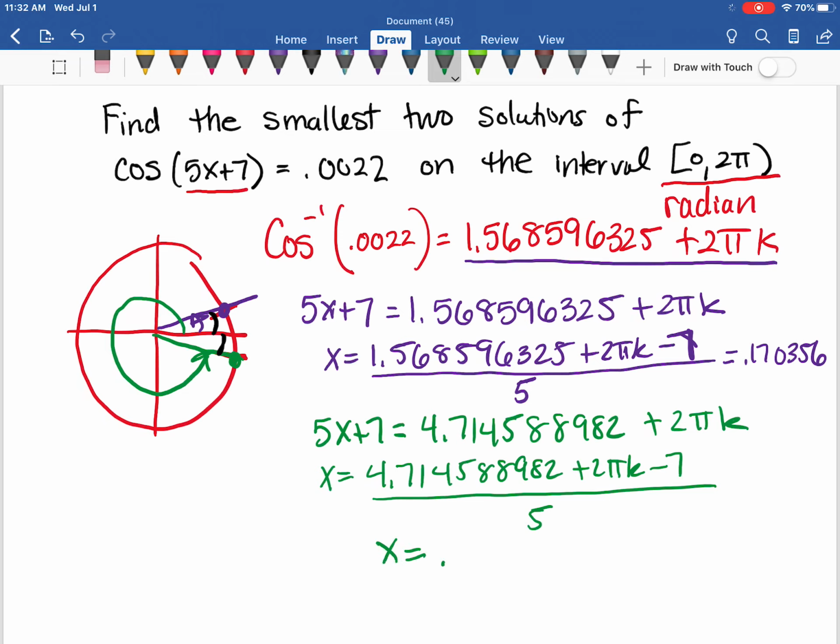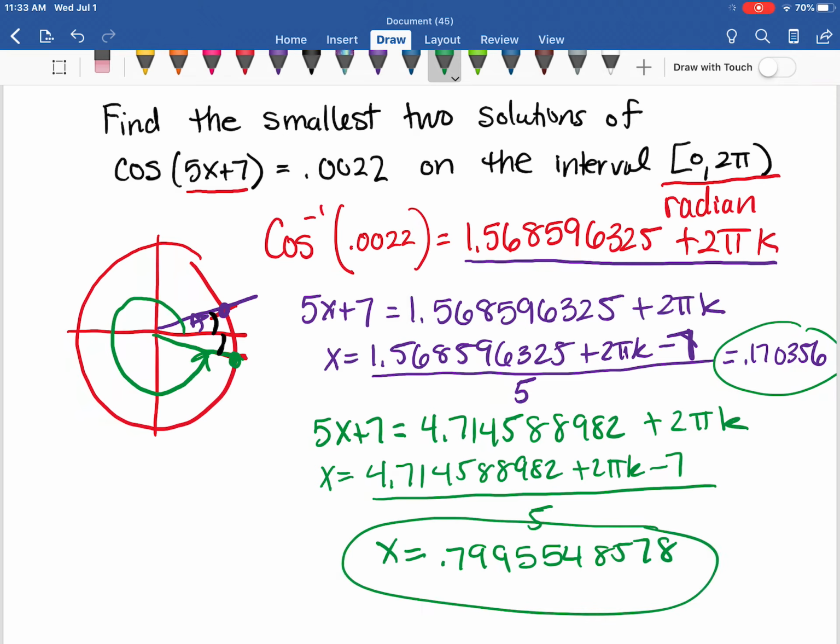So I'm going to get that x is 0.79955485878. And so now these are the two smallest solutions on the interval from 0 to 2 pi. Now there are many, many solutions, but we're answering it specifically on that interval.